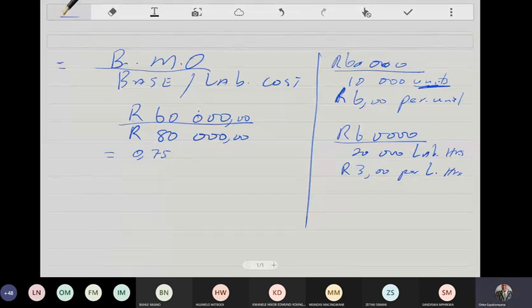Don't forget that. So in this case, it's going to be 0.75 or 75%. So that's our answer for the first one, this was A, I think.